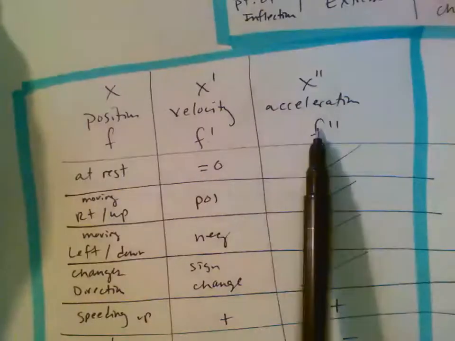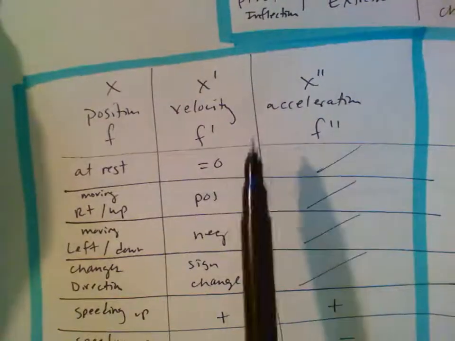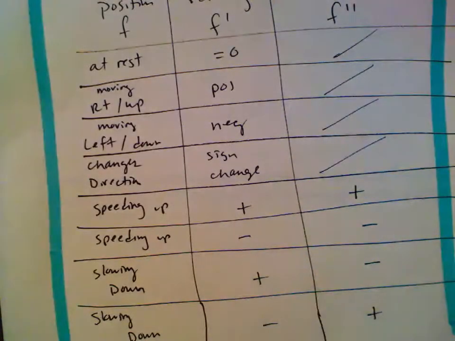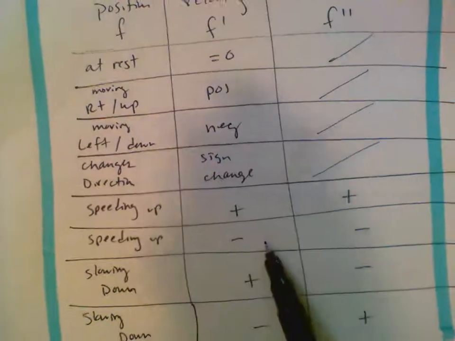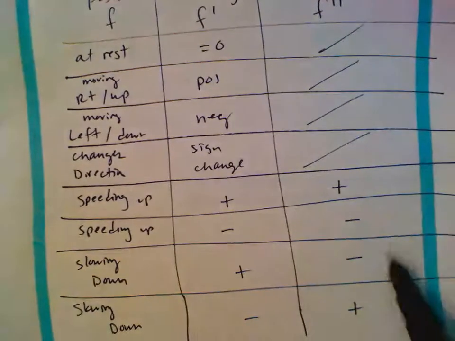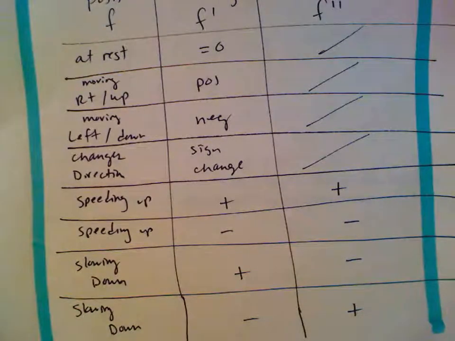So we take the first derivative, which is velocity, and see if it's positive or negative at 6. Take the second derivative, which is acceleration, and see if it's positive or negative at 6. If their signs match, speeding up. If their signs don't, slowing down.